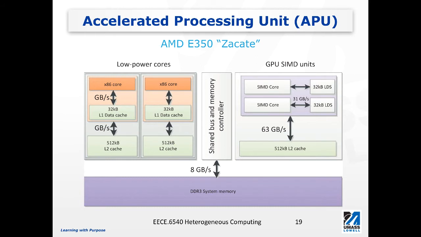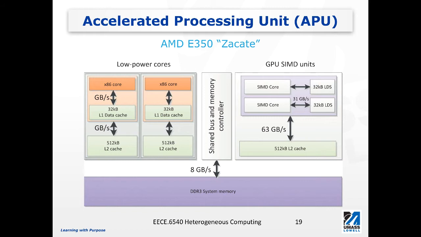Accelerated Processing Unit, or APU. This term is given to processors that typically have general purpose cores and also an application-specific processing unit, often the GPU. In this example, the AMD E350, codename Zacate, has low power cores.